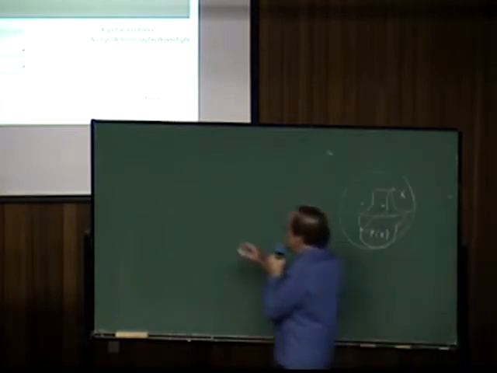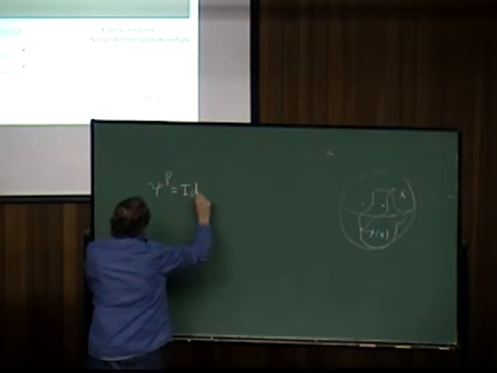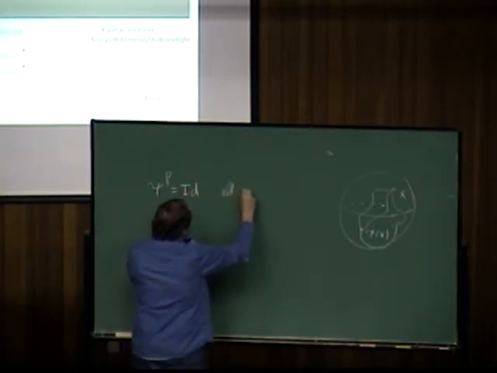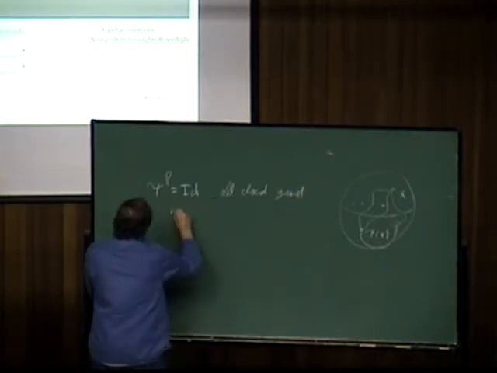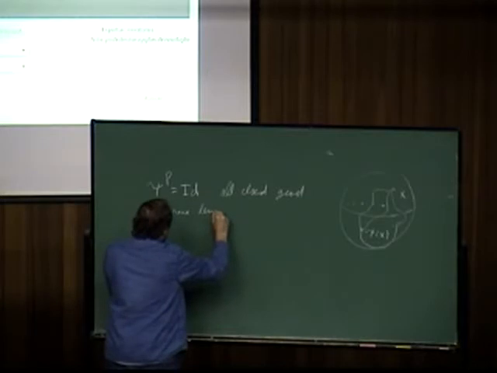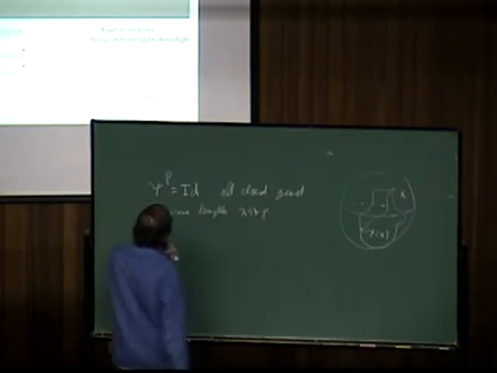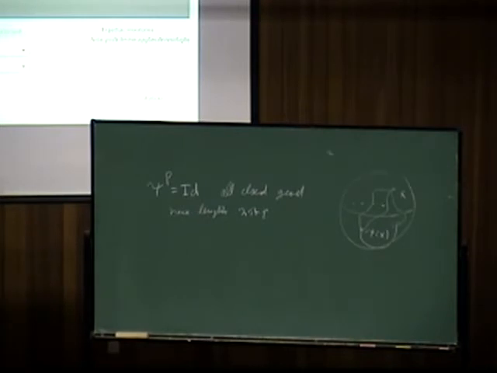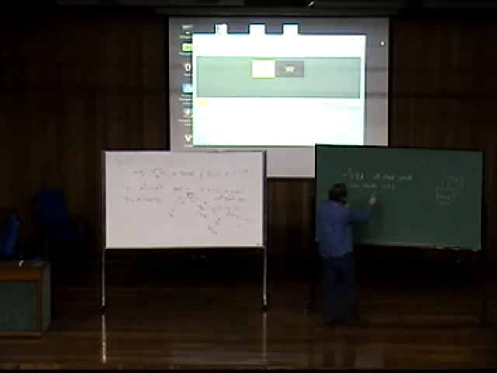Common period means that psi to some power is the identity. So all closed geodesics have length 2 pi p, because psi has length pi, p times psi has length pi times p.